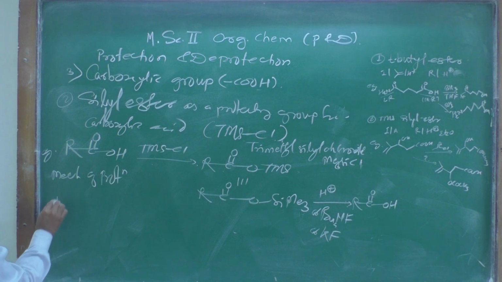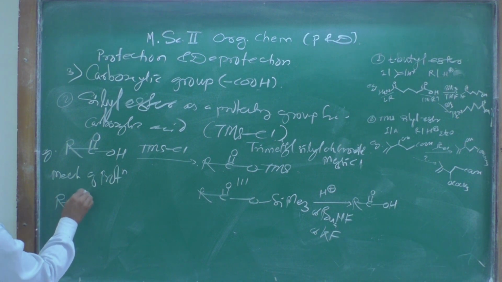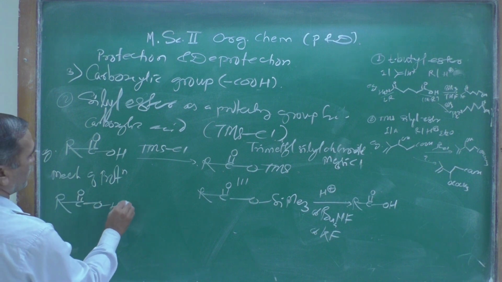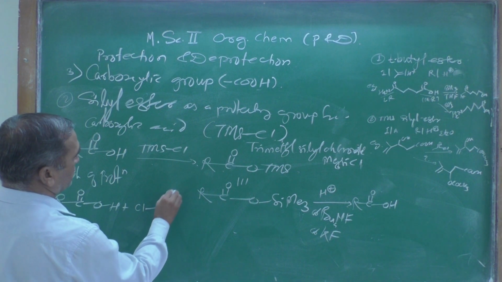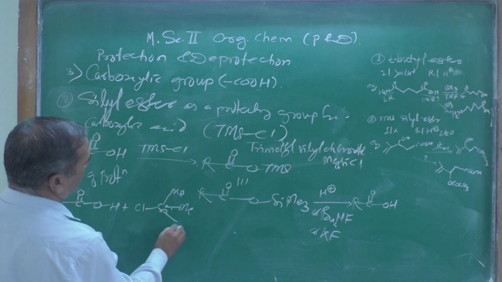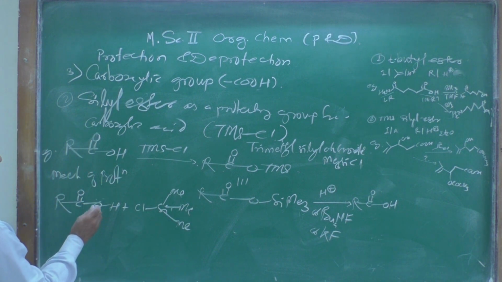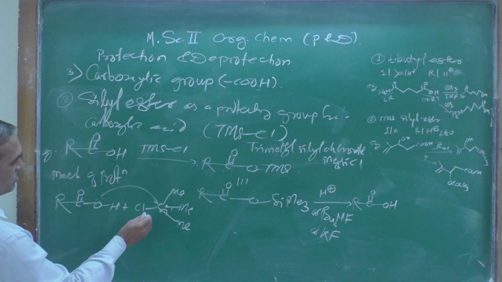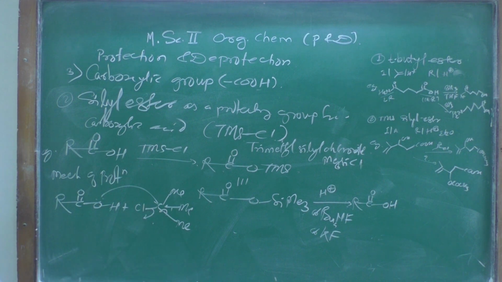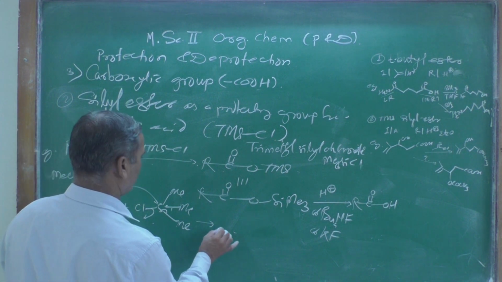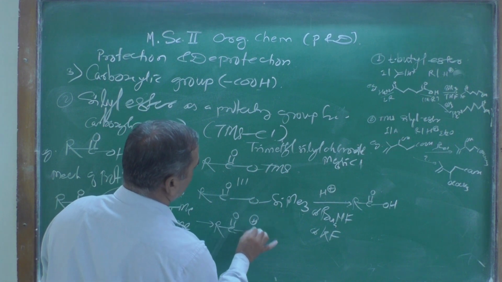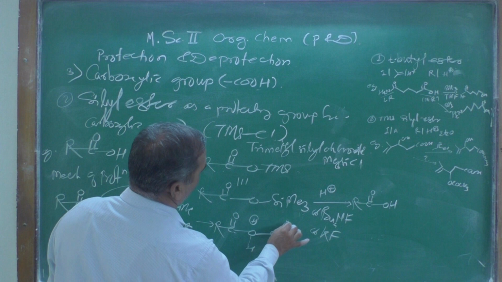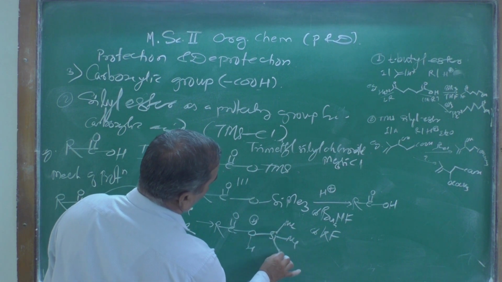So we are going to get R, C double bond O, H plus, trimethylsilyl chloride, Si, with Me and Me, right? Now the lone pair present over there is going to attack the silicon. With departure of the chlorine atom, you are going to get R, C double bond O, H with positive charge on it, silicon, then Me and Me.